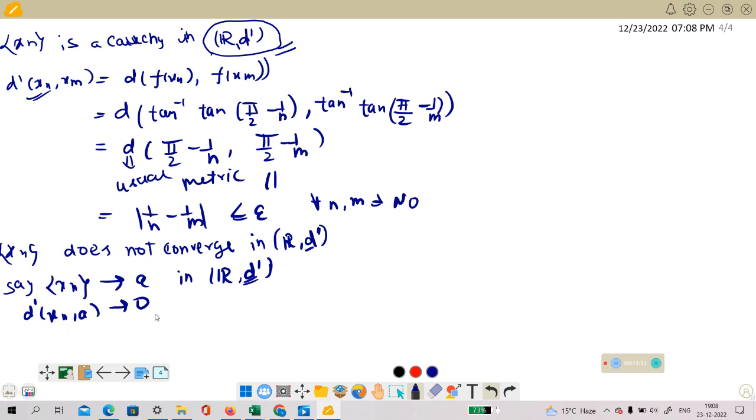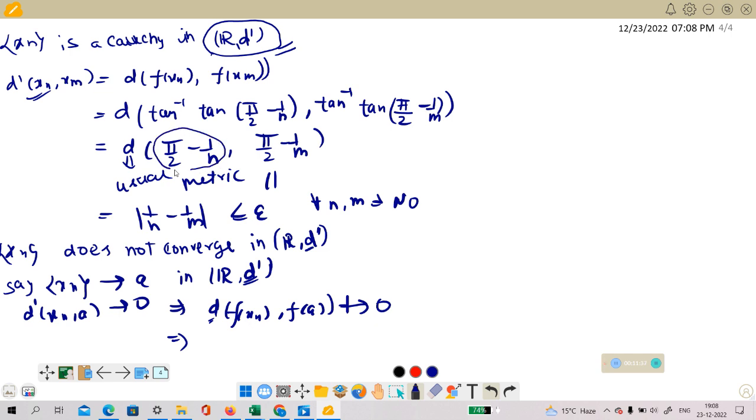Now we put the definition of d'(xn, a). What is that? It's actually d(f(xn), f(a)) converges to 0. Now what is that? We know d is the usual metric and f(xn) is nothing but pi by 2 minus 1 by n.